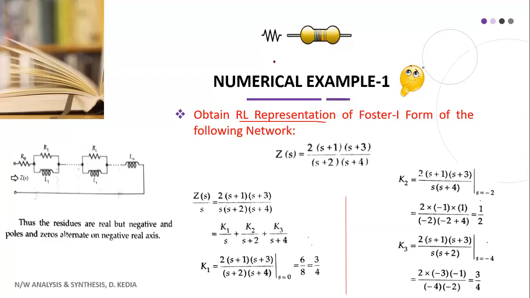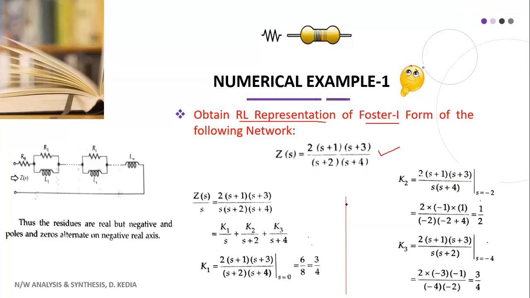Okay, since Foster 1 form, we are given your driving point impedance function. Fine. So it is represented like this: 2 times (s plus 1)(s plus 3) by (s plus 2)(s plus 4). Okay.